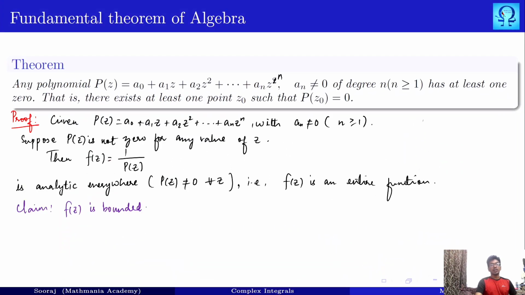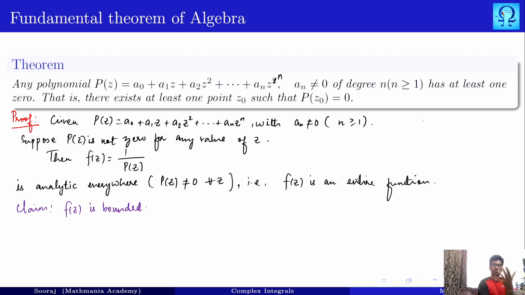So here we have taken a polynomial and we have to prove that the polynomial has at least one zero, for which we have taken the contra statement, that it is not 0 for any value of z, with which we have constructed an analytic function which is actually an entire function.